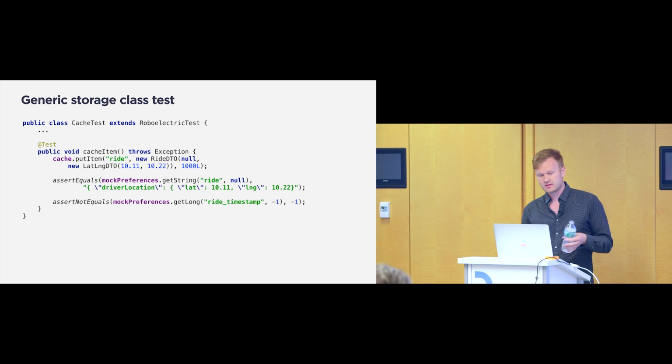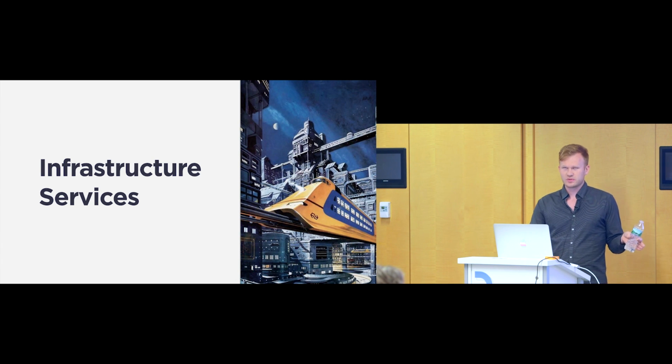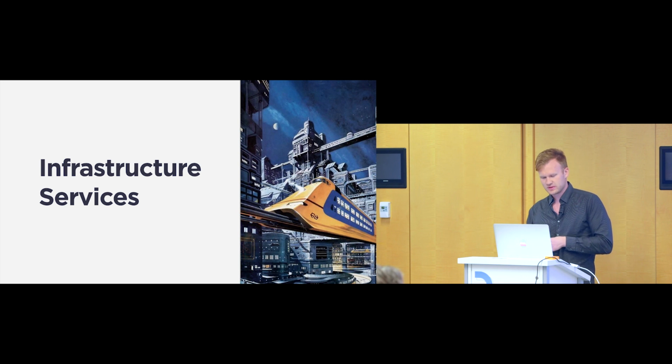And again, we can easily write unit tests specifically for this storage logic. So services like cache, we will be calling infrastructure services. And the purpose of infrastructure services is to provide some specific essential function to perform a business operation. In our case, it's caching and requesting rides from the server.